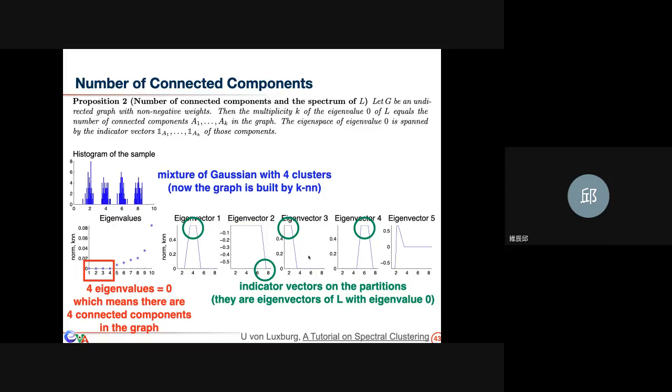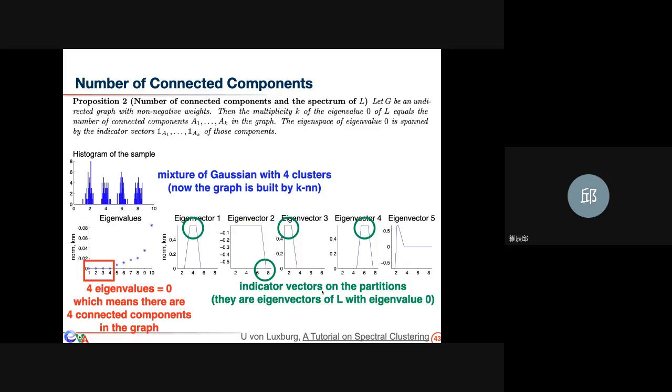About spectral clustering, about this graph partition: the eigenvectors of your graph Laplacian matrix are closely related to the indicator vectors for your partition.